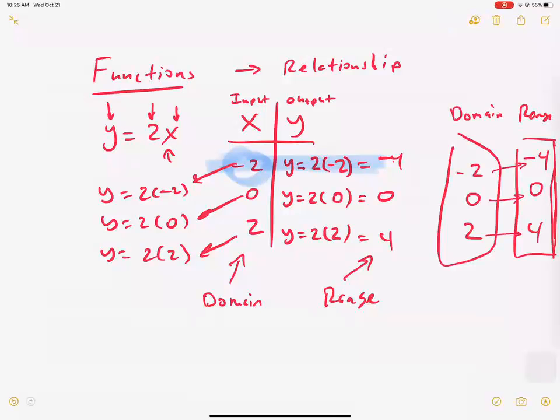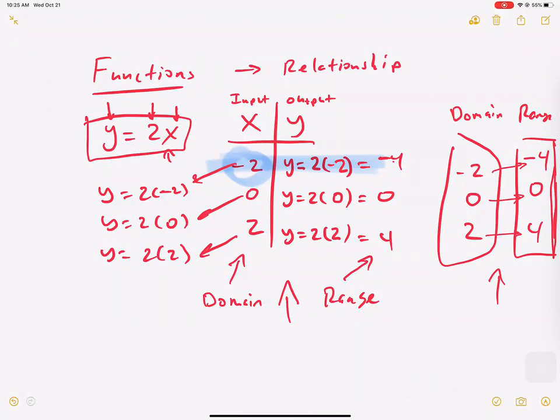Right? I plugged in -2, I got -4. I plugged in 0, I got 0. And when I plugged in 2, I got 4. So we just looked at 3 different ways of looking at the same exact problem. You can give someone the function, you can give someone the table of values, or you can tell them the plug-in and results.